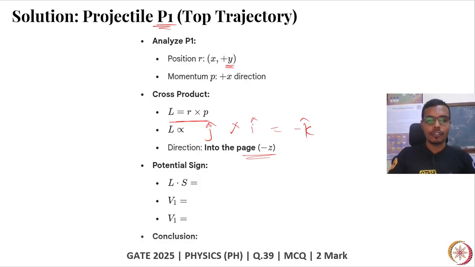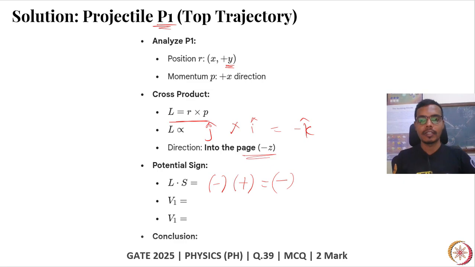Now for the potential. L is negative and S is positive, so the dot product is negative, because L is down, that is minus z, and S is up, which is plus z.